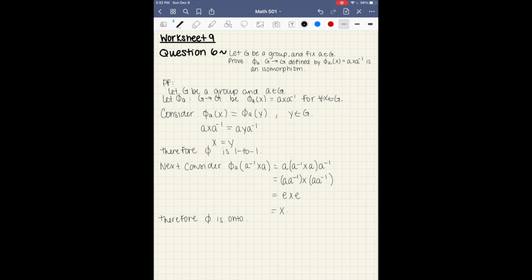And then lastly, our last step in proving something's an isomorphism, we have to consider phi A, phi B is equal to phi AB.